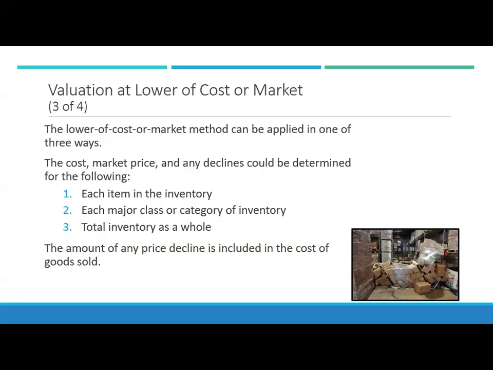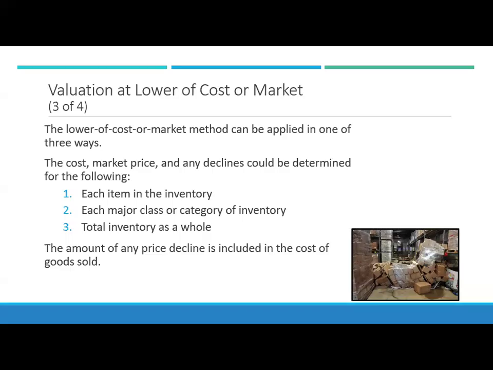And the cost could be determined by applying the lower of cost or market method on the inventory at the each item level, like at the SKU level. This particular item of clothing, just this particular shirt, this particular pair of pants.